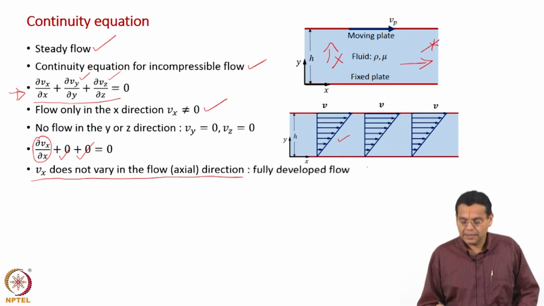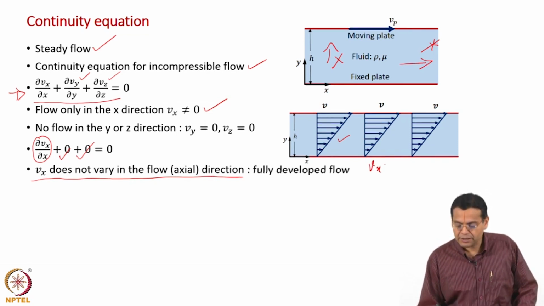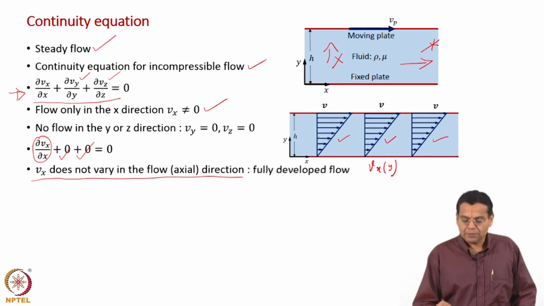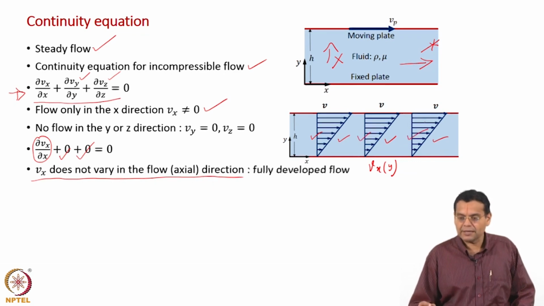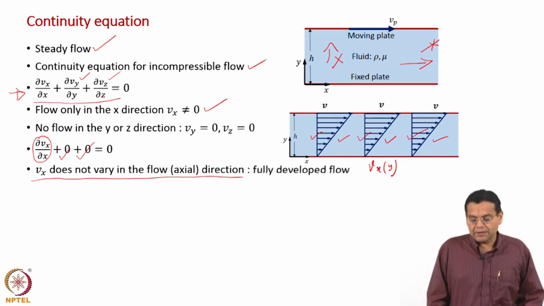What we are saying is, whatever be the function Vx of y, that does not change as you go along the flow direction. So, whatever profile you have here, the same profile here, the same profile here, that is what we say as fully developed flow. Okay.